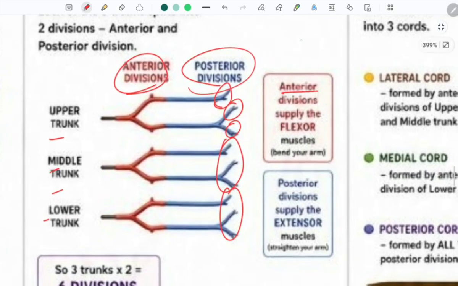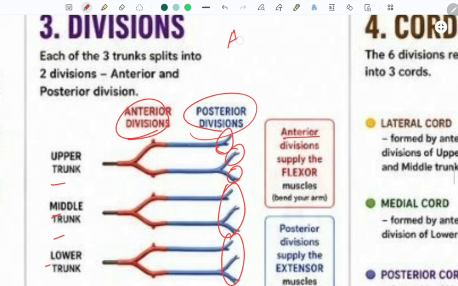The anterior division supplies the flexor muscles, which bend your arm.